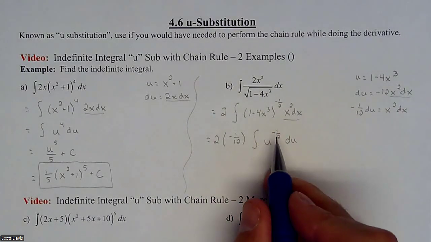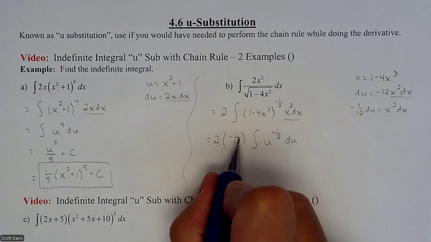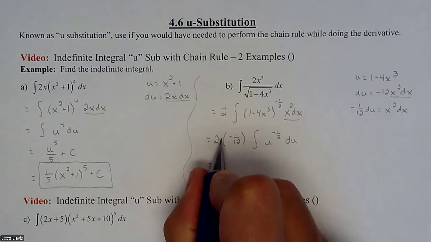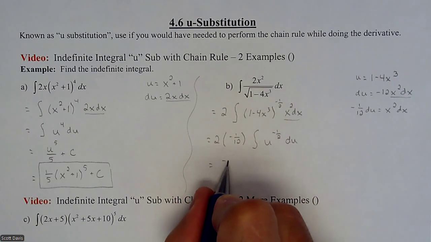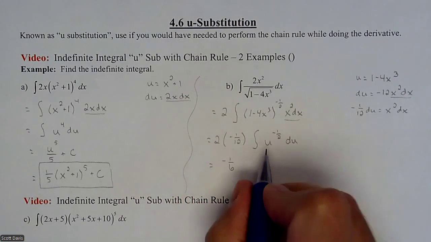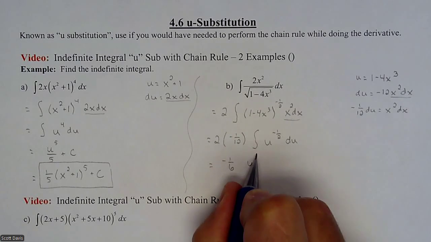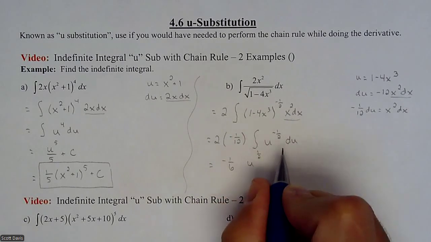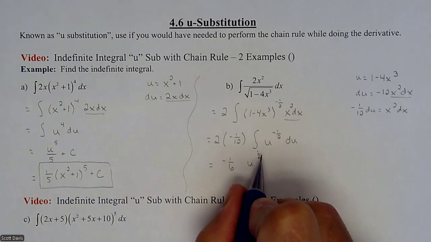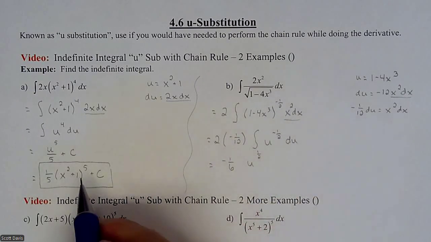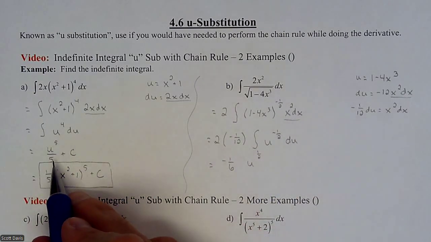So for the antiderivative of this, we're going to add our power, divide by the power, and simplify at the same time. The 2 and the 12 can become a negative 1/6. Then we add 1 to a negative 1/2, which makes it positive 1/2. We divide by that power, just like we did here. We added a power, divided by the power.